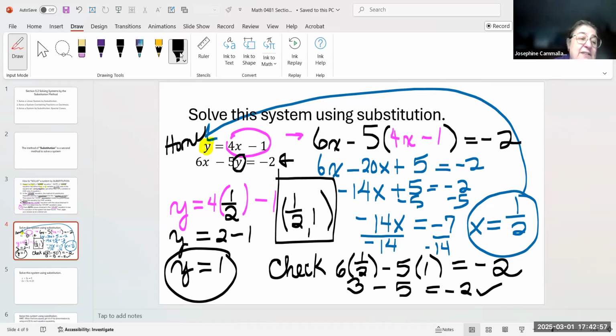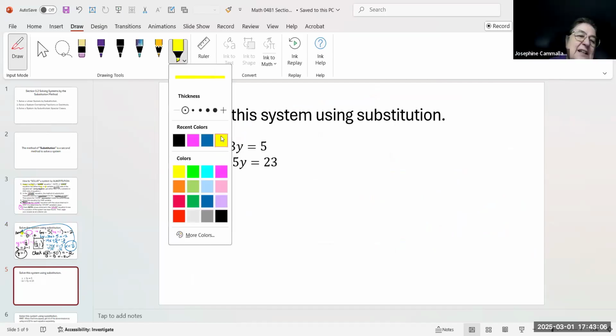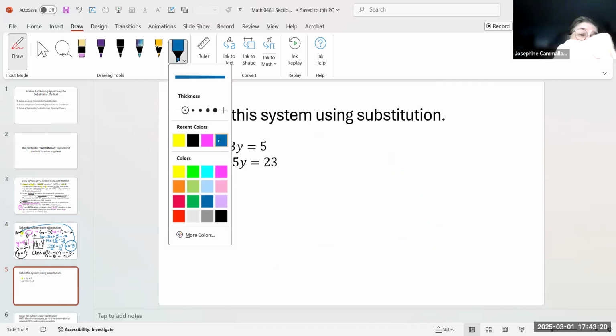Okay. Well, let's try this one. Okay, this one is a little different. Now, you're going to notice that this x is not really by itself. It's got a plus 3. But can we make it so that x is by itself? The answer is yes.